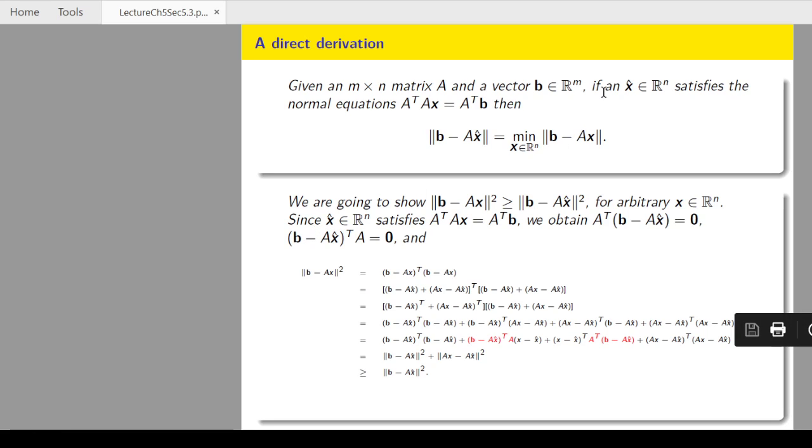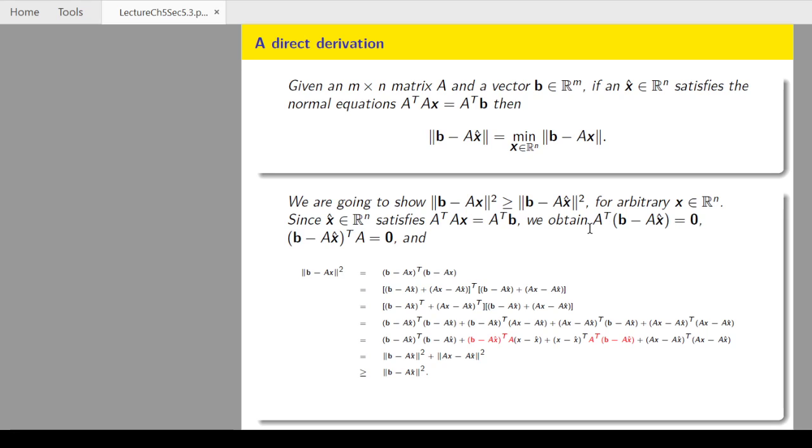Based on the assumption that x hat belongs to R^n and this vector satisfies the normal equation, we get A transpose times (b minus A x hat) equals 0.